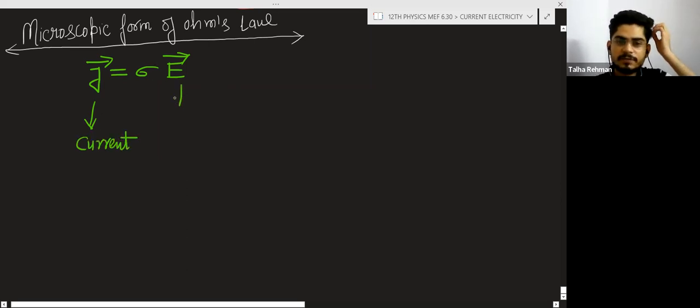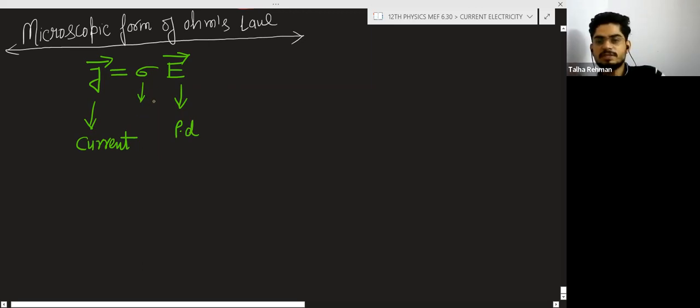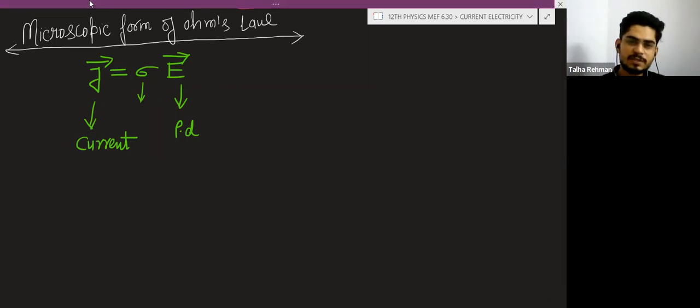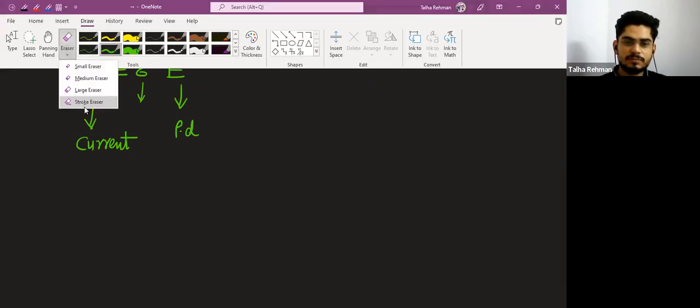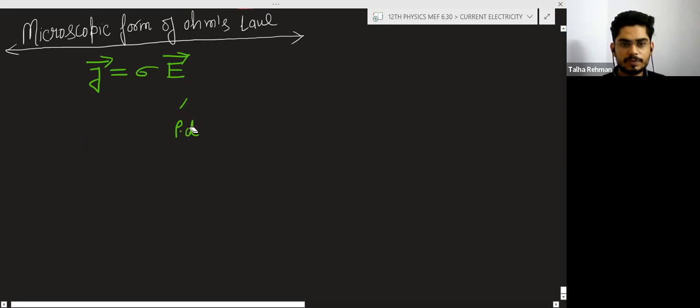Electric field is like potential difference, and sigma is the conductivity, the inverse of resistivity.